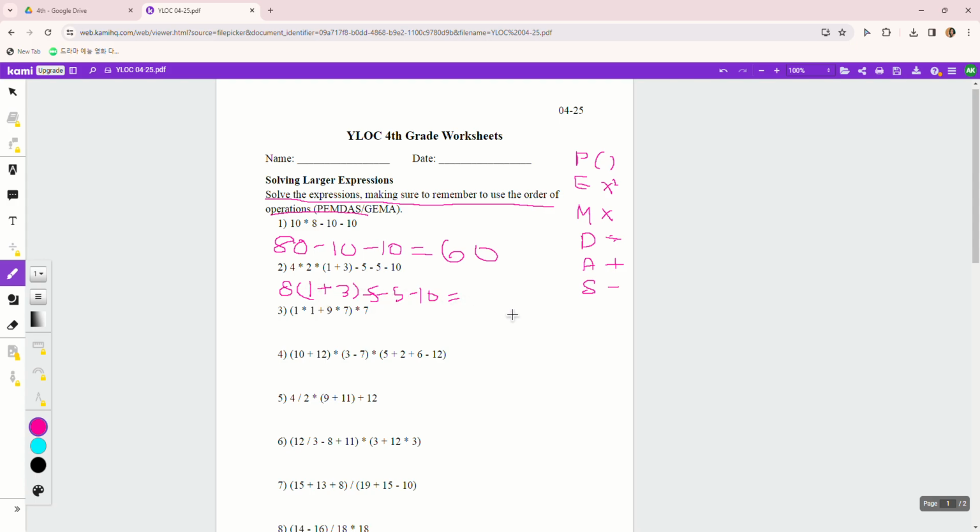So 8 times 4 minus 5 minus 5 minus 10. And then multiplication is next. So 8 times 4 is 32, minus 5 minus 5 minus 10. Since they're all subtraction, you would go from left to right again. And if you subtract all of it, you would get 12.